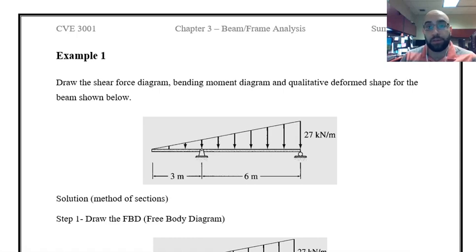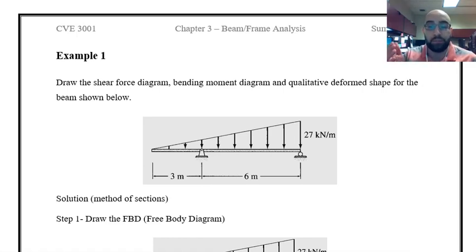After this, we also talked about a second method, which was based on the relationships between loading, shear force, and bending moment. This method was easier to follow and took less time, but in cases where we have a complicated loading, it is not easy to use. This method is basically based on looking at the configuration of the loading.